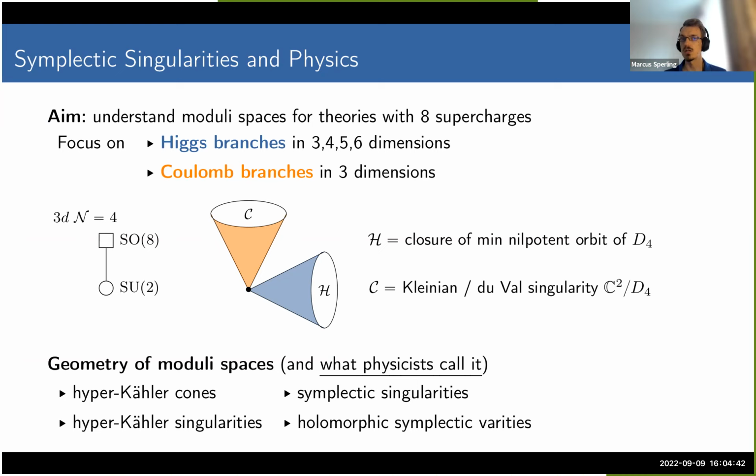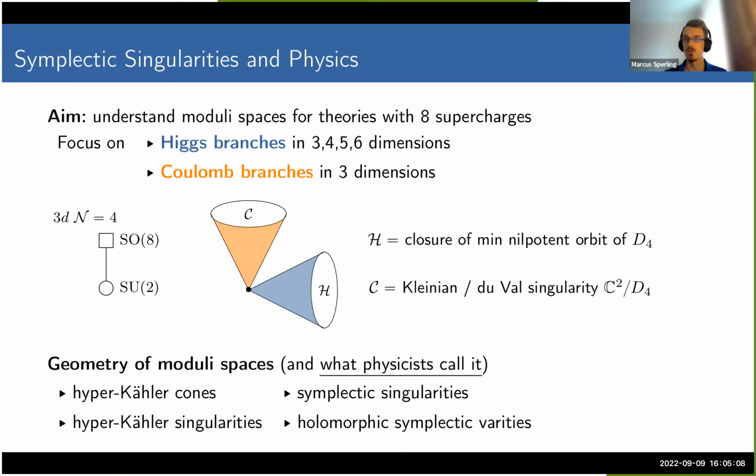In particular, if you go for 8 supersymmetries, which is quite an enhanced supersymmetry, then there's one geometry which is also fairly rigid, which is called hyperkähler. And we do have 2 prototypical examples which fit in this kind of geometry. One is what's called the Higgs branch in dimensions 3 to 6. So here for the Higgs branch, we give vacuum expectation values to scalar fields that transform usually in the fundamental of some gauge group.